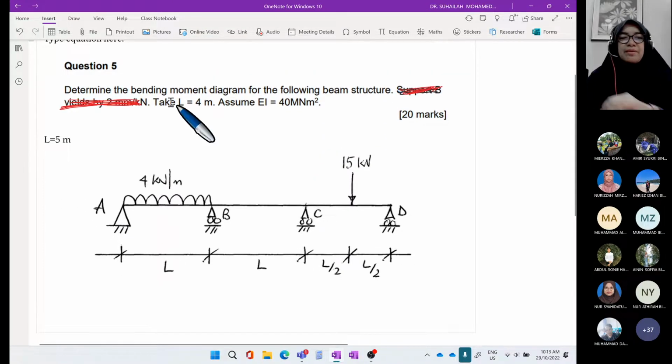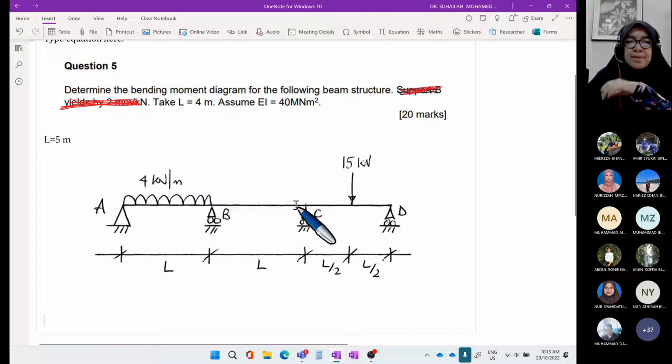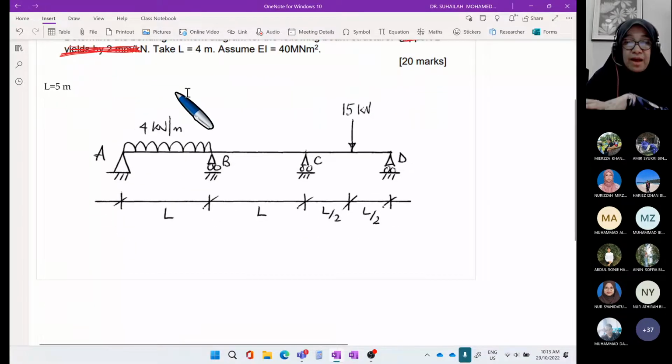The diagram is too big, so I will make it a bit smaller. Now just look at the diagram. So let's say L is 5.